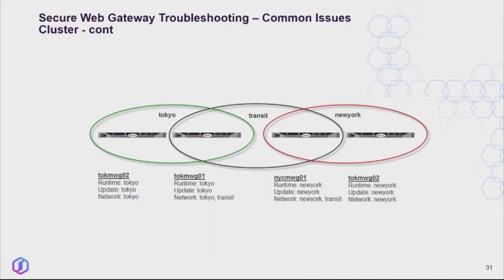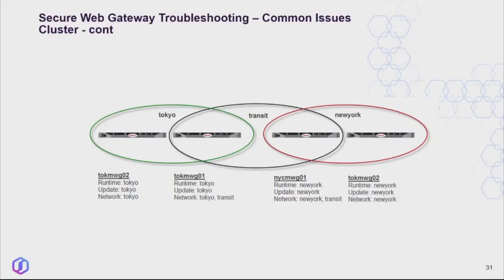If you ever click Save Changes on your web gateways and there's that 10-15 second delay, that's the time when you should start to think, do I need to create these different runtime, update, network groups? Because if you're waiting 20 seconds every time you're saving changes, then something at some point is going to start causing network delays with synchronizations between the proxies.